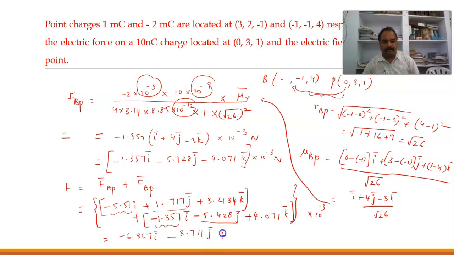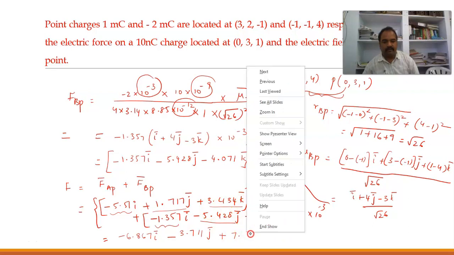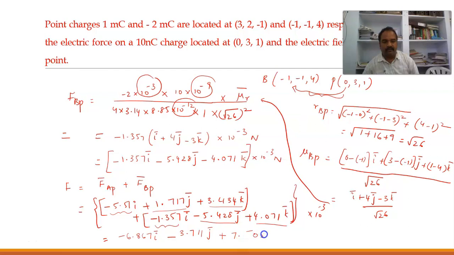Then this is plus, this is also plus, so you will get around 7.508 k bar, into 10 to the power of minus 3 newtons. So I'll write it as millinewtons.